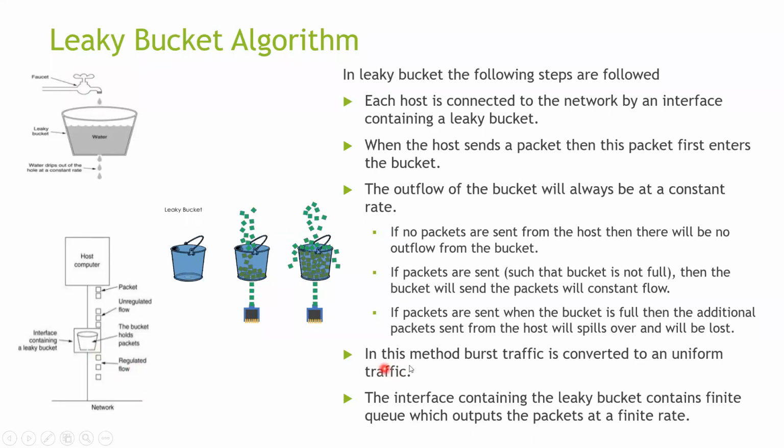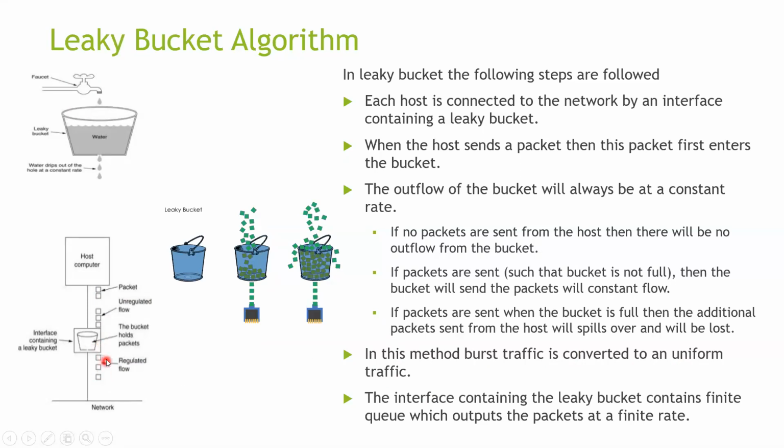Now with this method, the bursty traffic is converted to uniform traffic. The interface containing the leaky bucket contains a finite queue, which means there is a fixed queue and a fixed output rate.